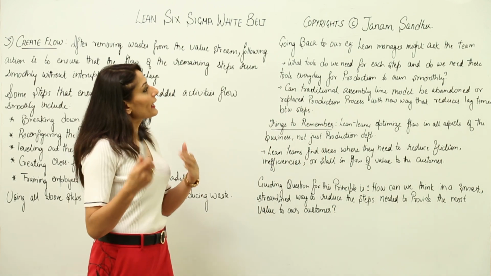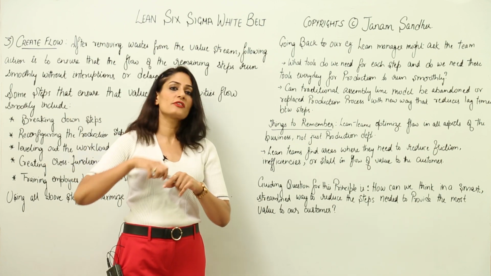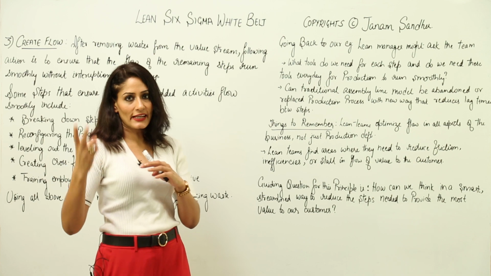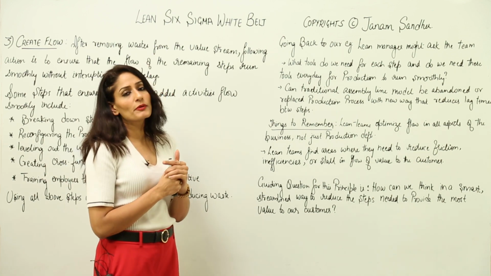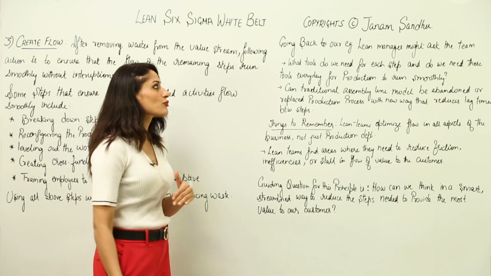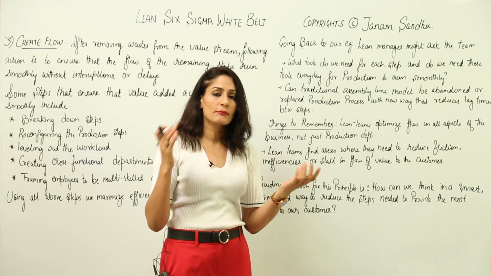So, I am going to come back to my example of how we create flow, the same example we used in the second principle. The team which is responsible for making the tables for the classroom, so for creating flow, the lean manager might ask the team the following questions.